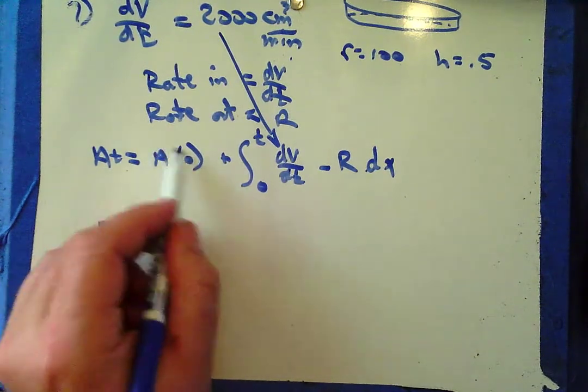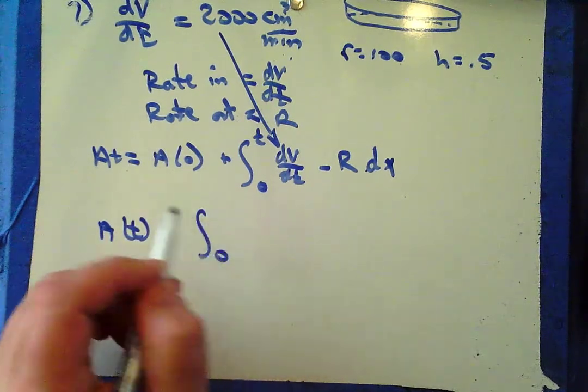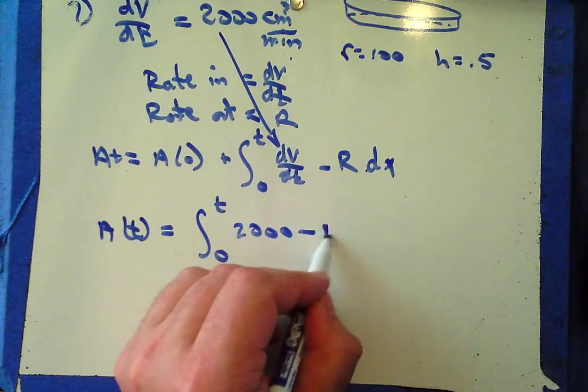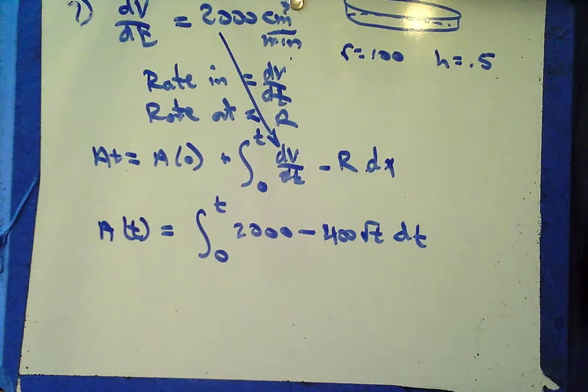Oh, at time equal to 0, the oil slick is 0. It hasn't grown yet. So I've just got the integral from 0 to t of 2000 minus 400 square root of t dt. Okay, that's perfect. Now find when the oil slick reaches a maximum.